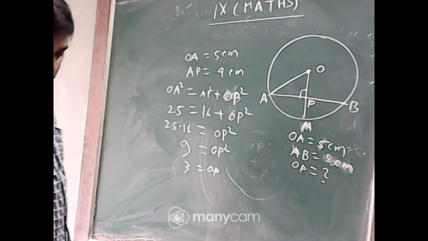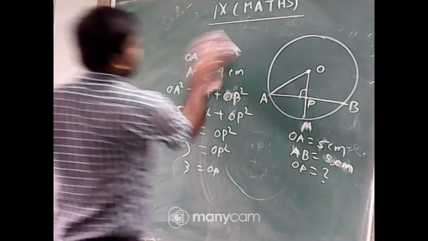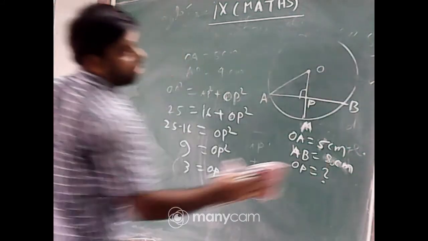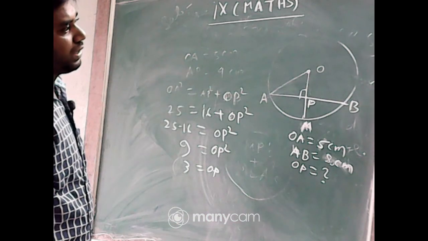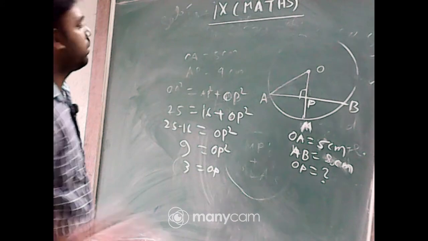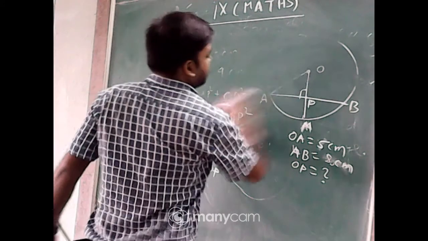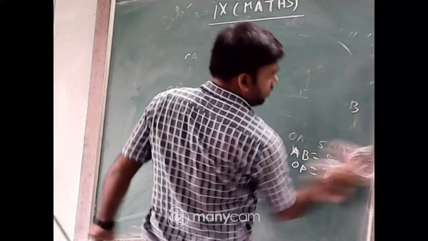Okay, so next question. Ronit got it? Ronit and Somnath. Okay. Suhana?